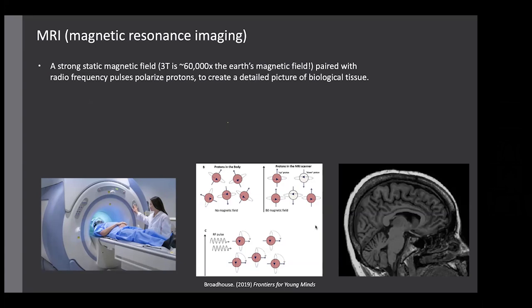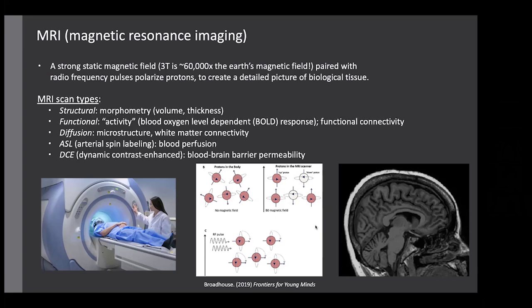And the rate at which they relax back differs by the type of tissue. So this allows us to identify areas of tissue contrast that creates a picture of our tissue of interest. And so this is just an example picture from an MRI scan that you can get of the brain.